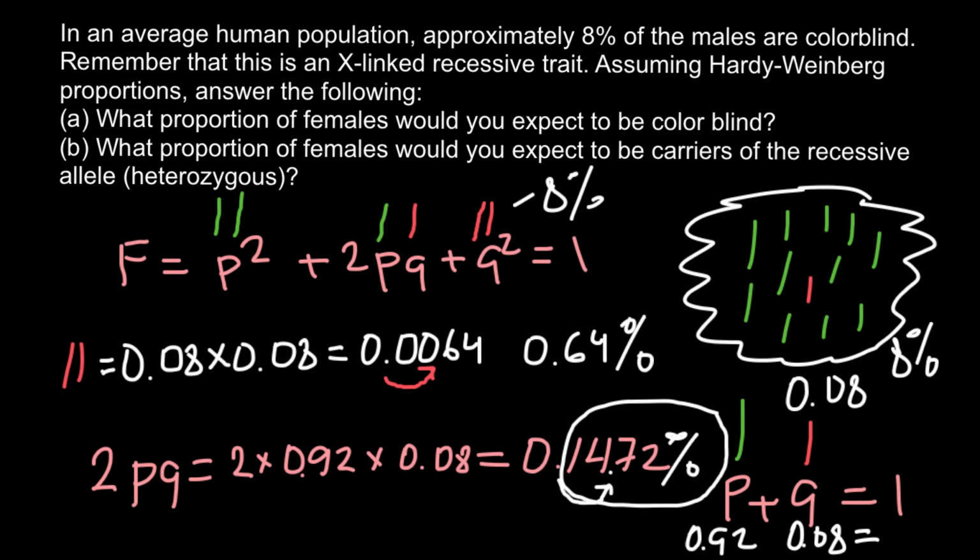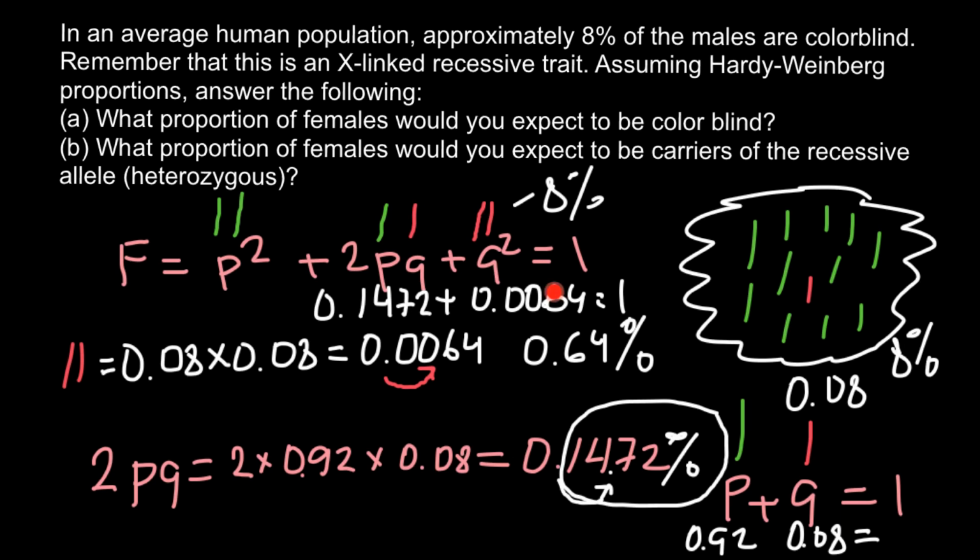Now, when we know the frequency of the homozygous recessive genotype, which is 0.0064, and we also know the frequency of the heterozygous genotype, which is 0.1472, we can find the frequency of the homozygous dominant genotype.